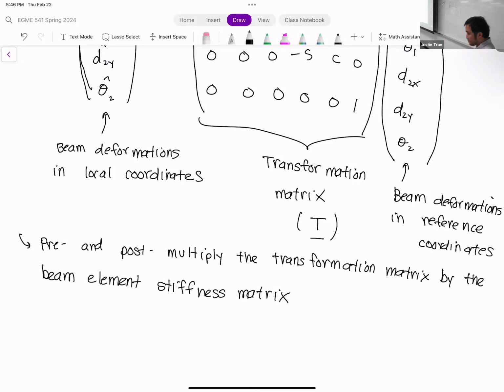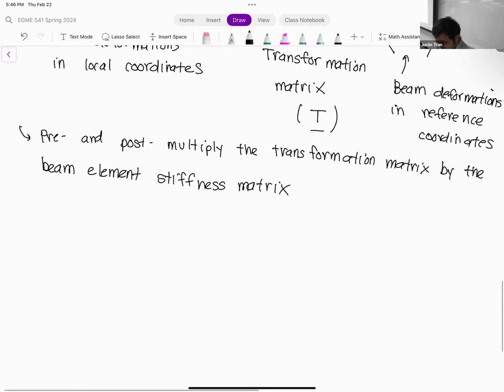Remember, we did the same process for the trusses.